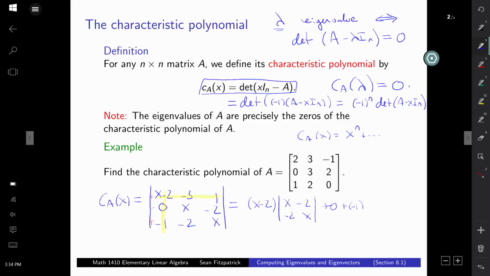And if I delete column 1 and row 3, I'm left with minus 3, 1, x, and minus 2. Oh, we're missing something. Minus 3, I've got to subtract off A. There's a 3 in that spot, so that should be x minus 3. Let me make sure that's fixed.